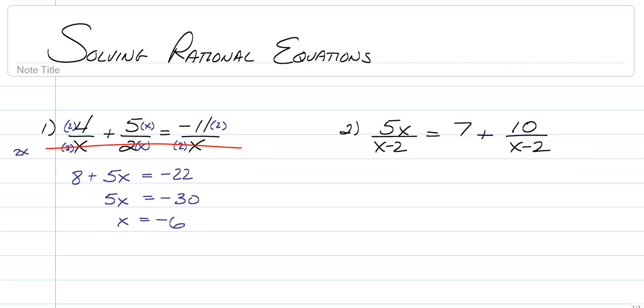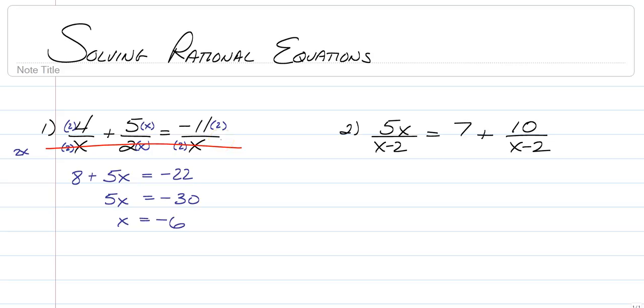Now, when you are done, this part is crucial. You must look at your denominator. You must look at the function, because sometimes we can have extraneous solutions, which means there are solutions to the problem, but they don't actually work if we substitute them back in. So for negative 6, check to make sure we can divide by negative 6.